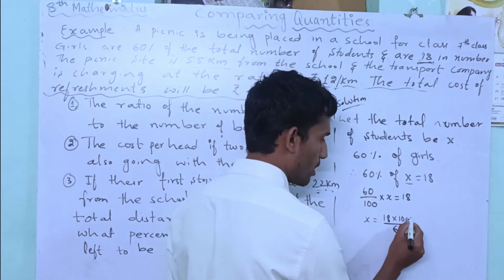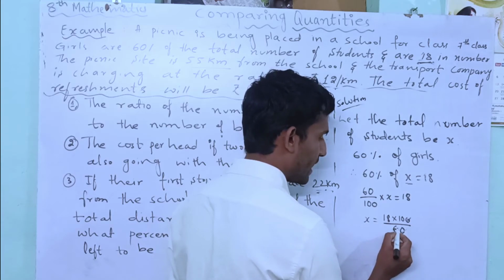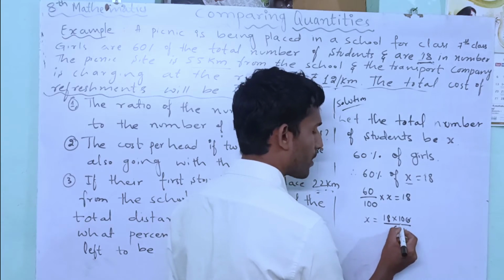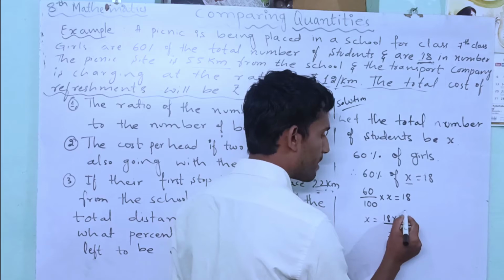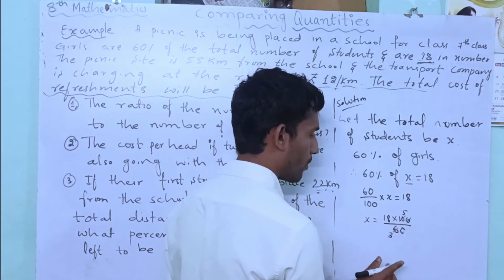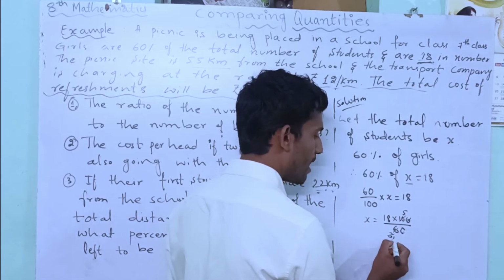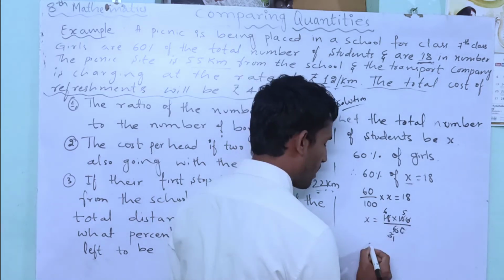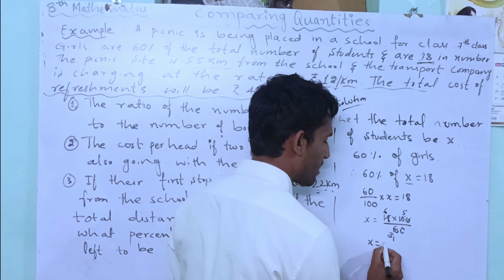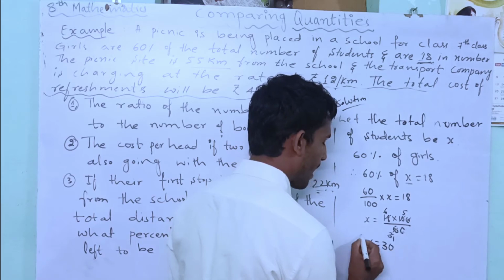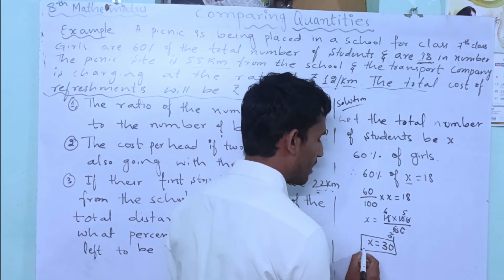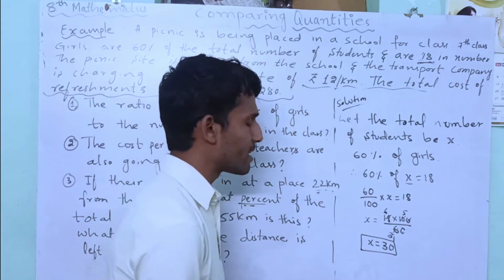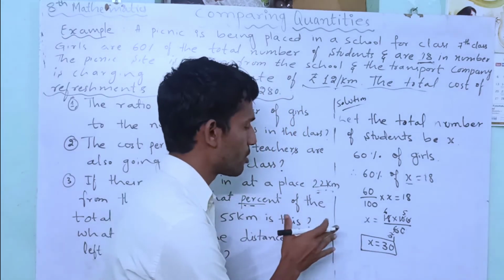Now 0 will cancel. 2 3s are 6 and 2 5s are 10. Here 3 1s are 3, 3 6s are 18. When you multiply 6 into 5, you will get 30. Here the x value is 30. The total number of students in the class is 30.